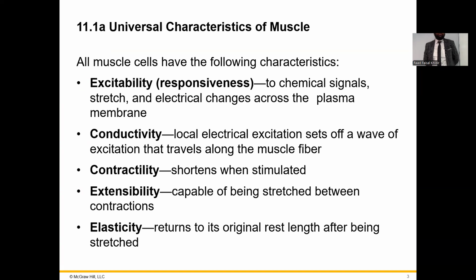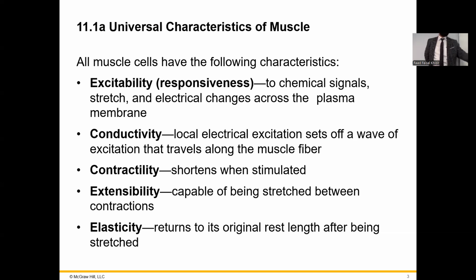Number one, the muscle cells are excitable. Excitable means they are responsive to chemical signals, stretch, and electrical changes across the plasma membrane. So when we change the membrane voltage across the plasma membrane of our muscle cells, we're going to elicit excitability. And this muscle cell, upon getting excited, is going to respond to the chemical signal, the stretch, the heat.